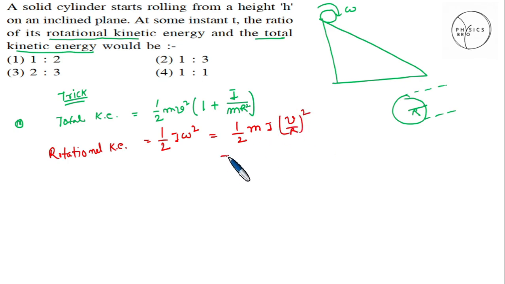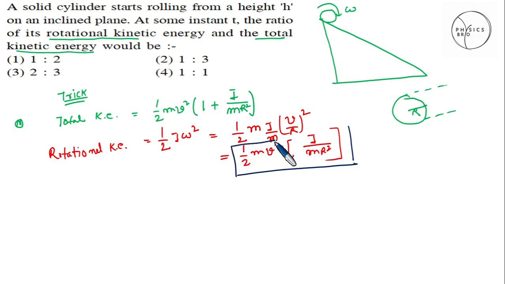I am using this trick, and the final formula must be remembered to solve this type of problems. So it becomes half m v square times the bracket I by m r square. This is our formula. Now we have to divide these two, and we'll get the answer.